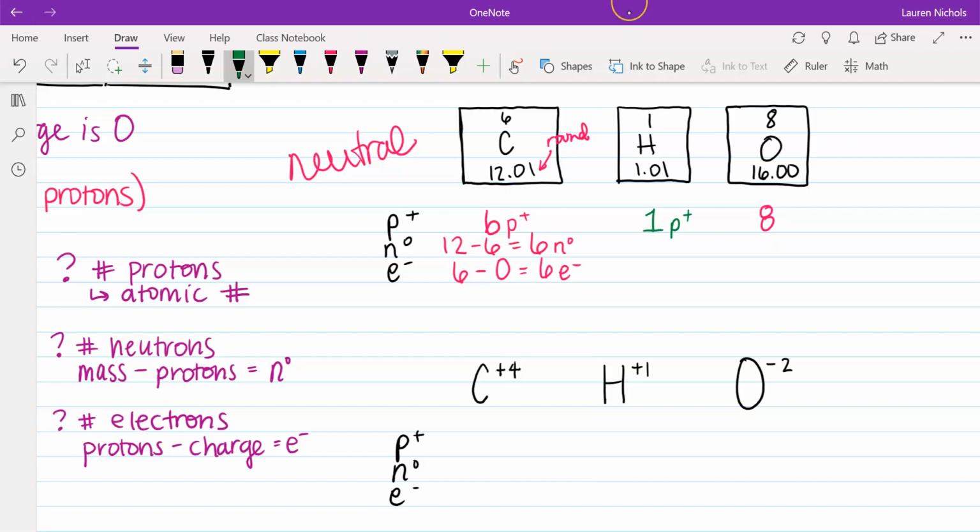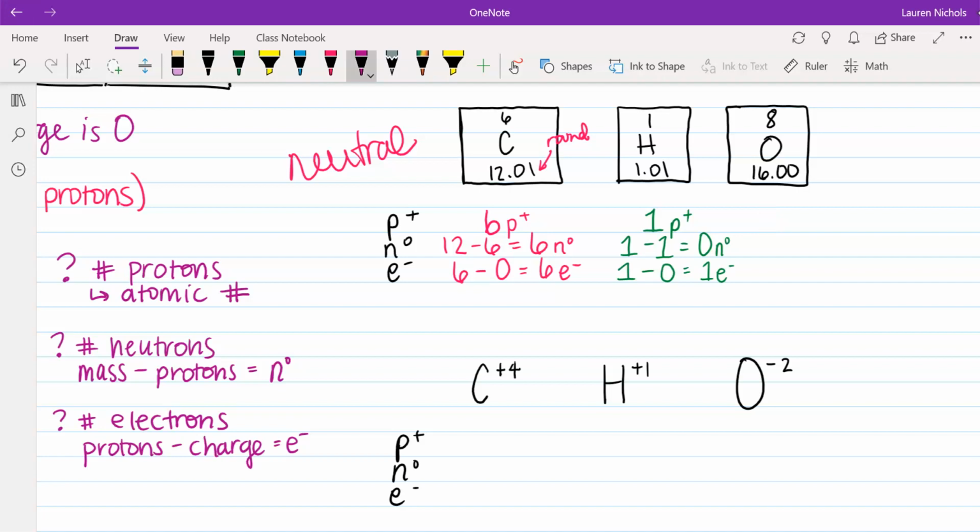For our neutrons, our rounded number would be 1 minus our 1 proton, which gives us 0 neutrons. And our number of electrons would be 1 minus 0, which gives you 1 electron. And so we can see that hydrogen has 1 proton, 1 electron, and 0 neutrons.